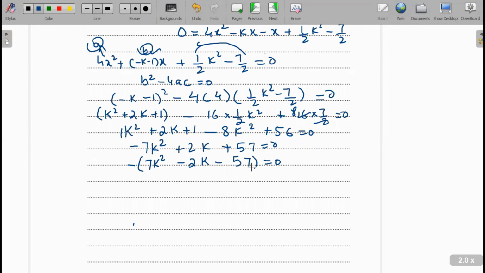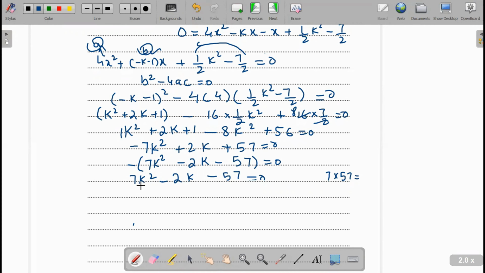7k square minus 2k minus 57 equal to 0, we can find the value of k by middle term breaking. We multiply 7 by 57, we get 399.